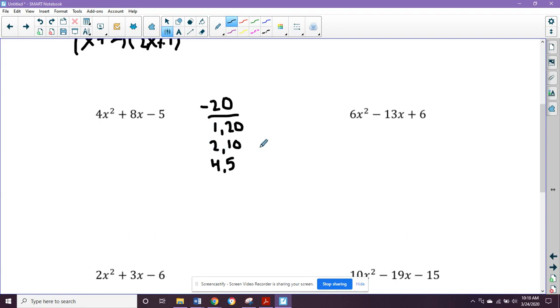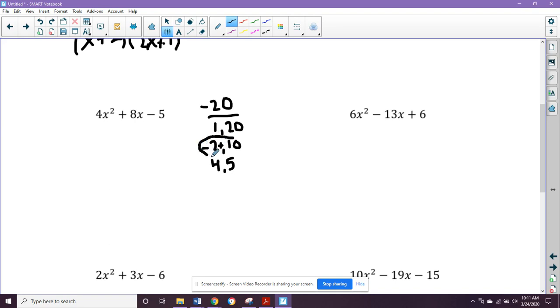So what combination can we use to get 8? Here, we could get 8 by 2 and 10. If we do 10 minus 2, we get 8. And then 4 plus 5 would be 9. That wouldn't work. So let's see, do minus 2 plus 10.